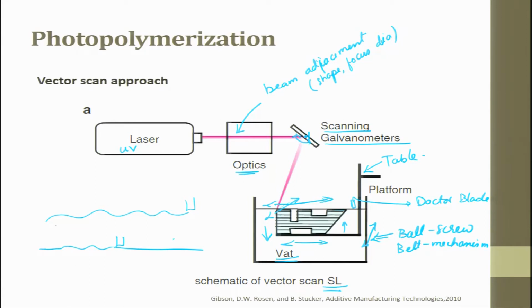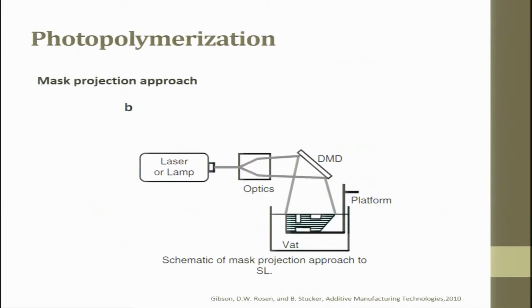Why? Because if you have a wavy pattern, when the laser hits there is a possibility it reflects. If it reflects, the efficiency of the process goes down. So this is a vector scan approach.